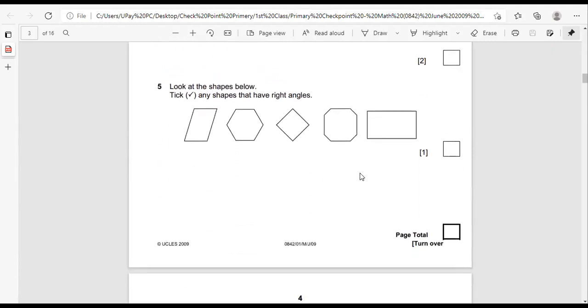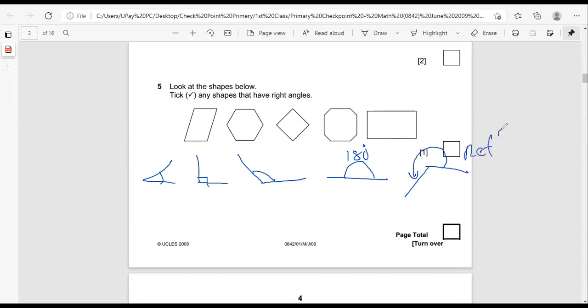So with that, we'll move to question number 5. Look at the shapes below. Tick, correct mark, any shapes that have right angles. You know there are 5 angles. Acute is less than 90. If it is exactly 90, we call it a right angle. Which is more than 90, less than 180, we call obtuse. And a straight line angle is exactly 180. Then if it is more than 180, less than 360, we call what?